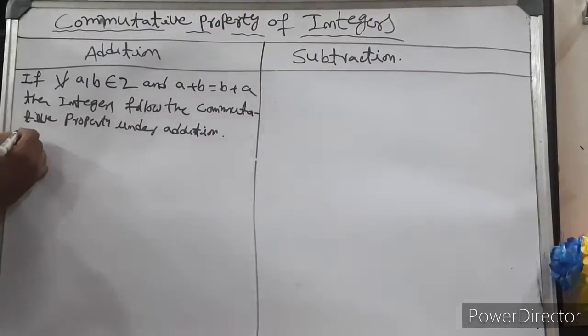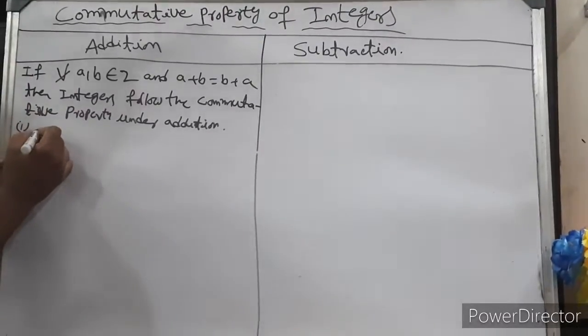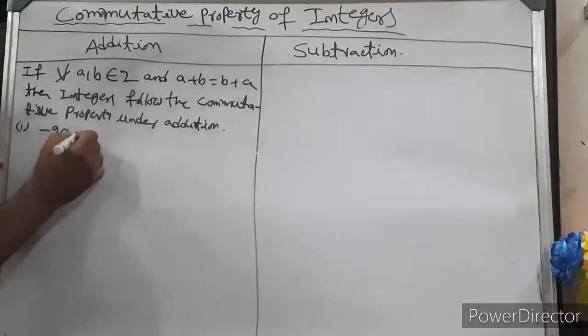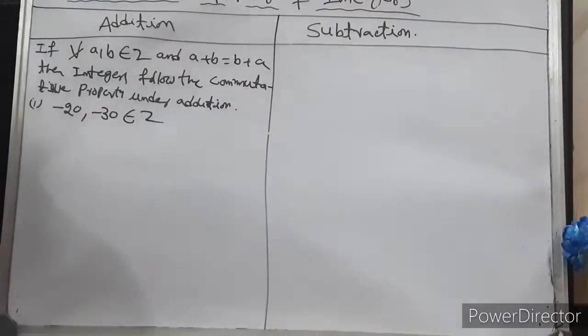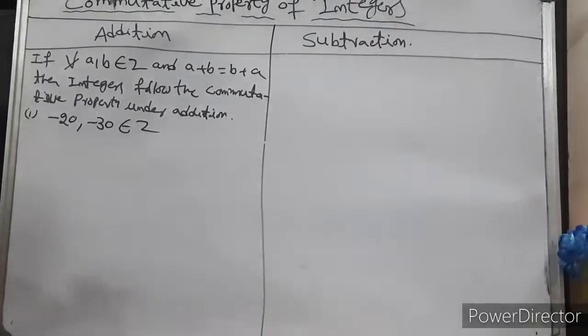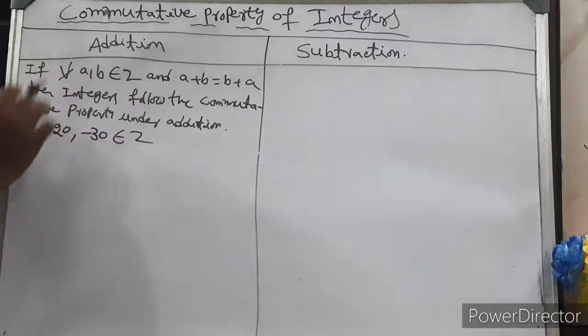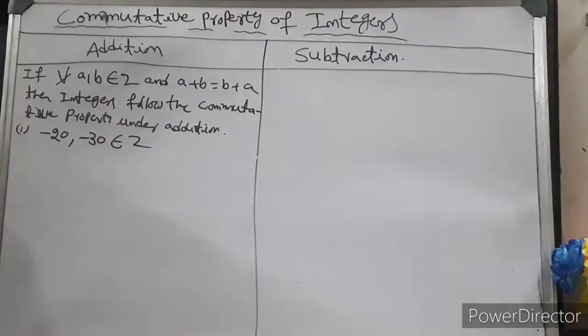One: suppose minus 20 and minus 30 belong to Z. Minus 20 and minus 30 are integers. Take minus 20 as a and minus 30 as b.